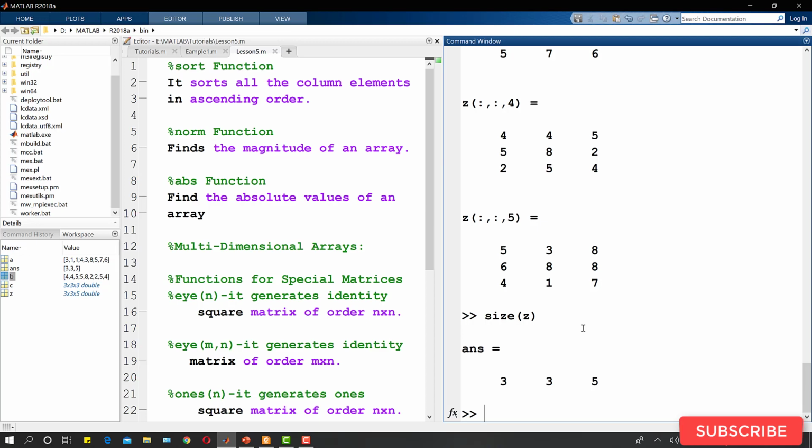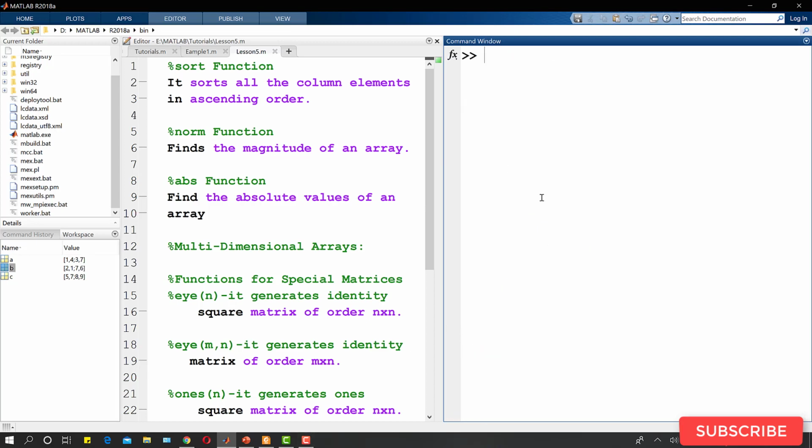Sometimes in engineering, when we perform some experiment and we have some experiment data or some iterative data, and I want to place all those results in only one matrix, I will keep them in a three-dimensional matrix. So this is one example of using the multi-dimensional matrix in your practical life.